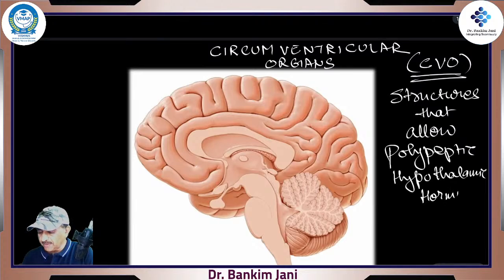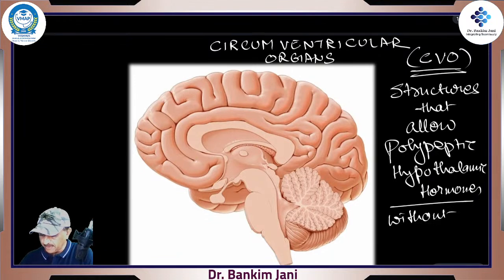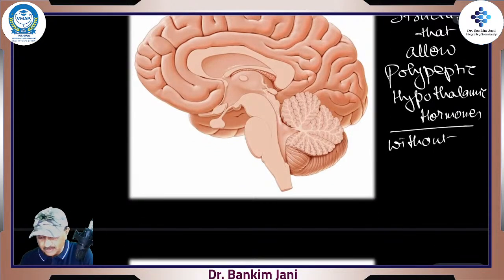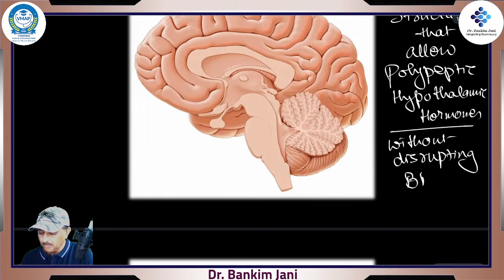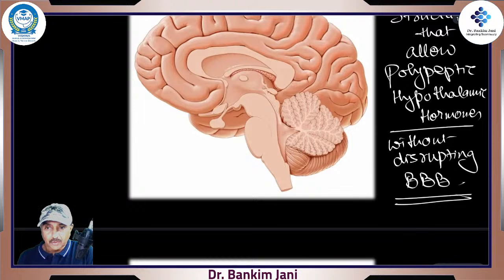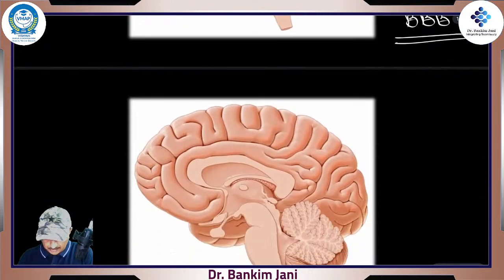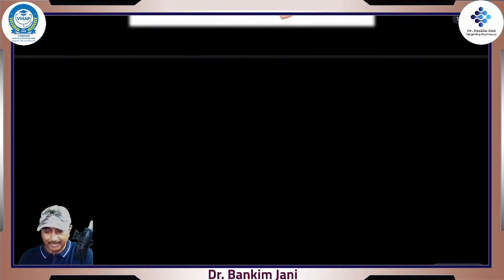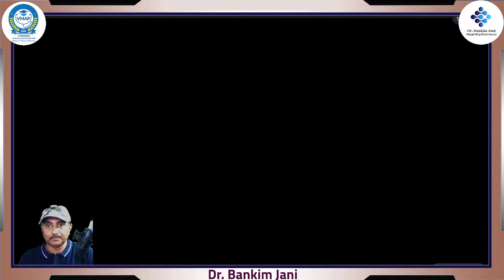But the speciality is without disturbing, without disrupting, without damaging, without making any changes in the blood-brain barrier. So to see this, let's have a blank page and then we come back, so that we know where we'll locate every part of it.